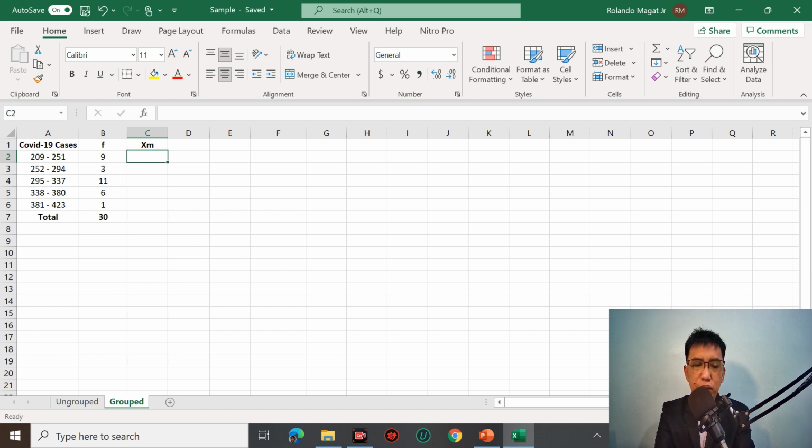That's our midpoint for the COVID-19 cases classes. For the first class, the midpoint is equal to 209 plus 251, divided by 2. Enter. So we have 230. That's the midpoint.